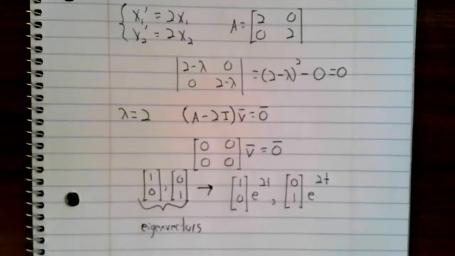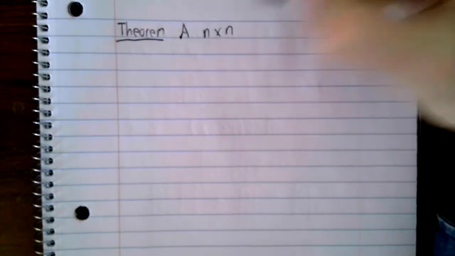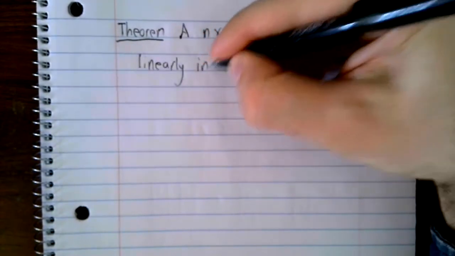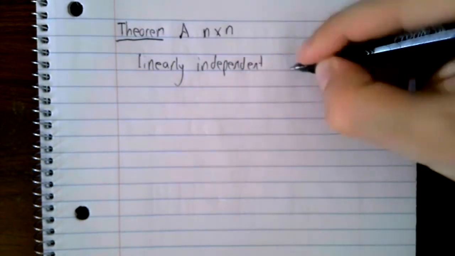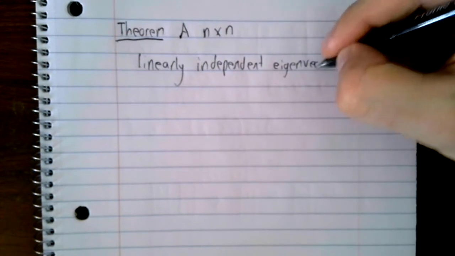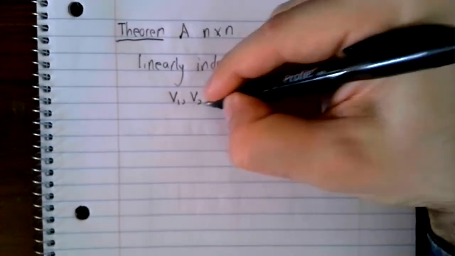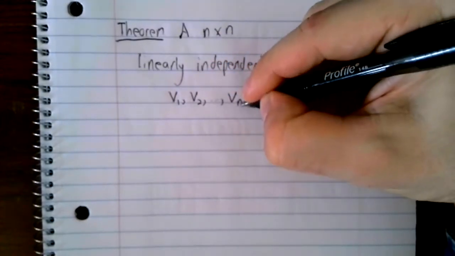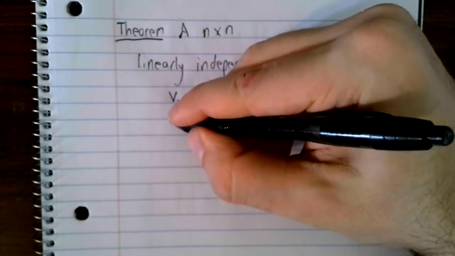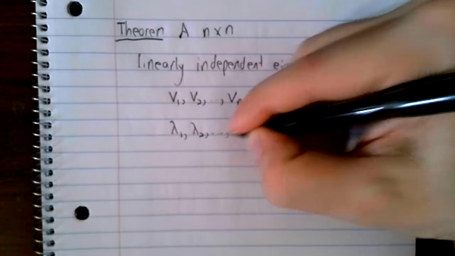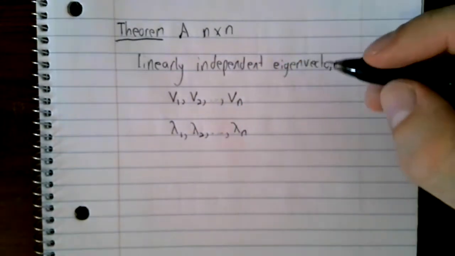Let's isolate that as a theorem. Suppose that A is an n by n matrix with linearly independent eigenvectors v1, v2, through vn, and corresponding eigenvalues lambda 1, lambda 2, through lambda n.